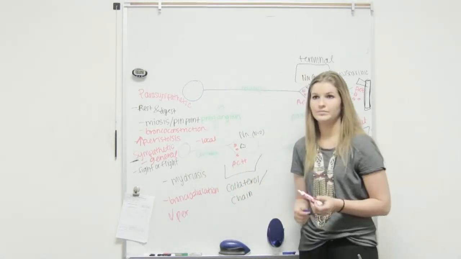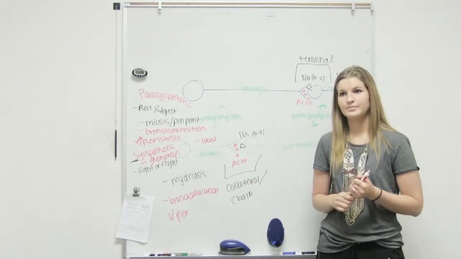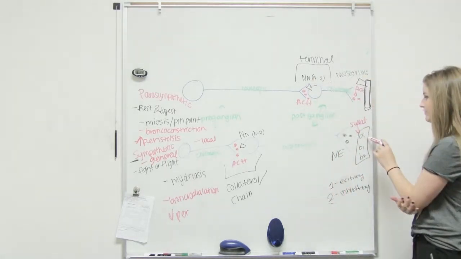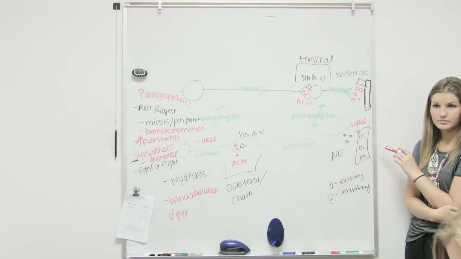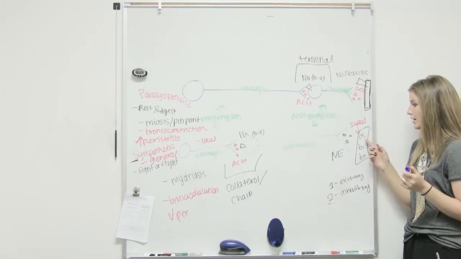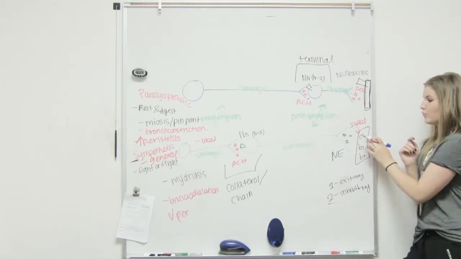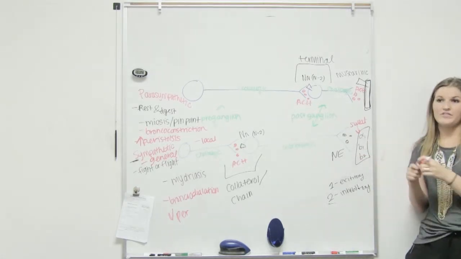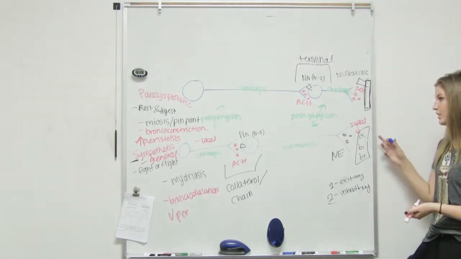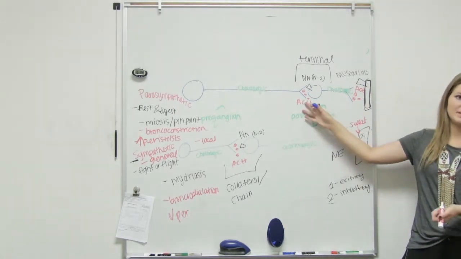So localized is parasympathetic, and then general is sympathetic, controlled by your alpha 1. So alpha 1 sympathetic would give you generalized sweating, but if we do an antagonist, we're going to do localized sweating, which is parasympathetic.